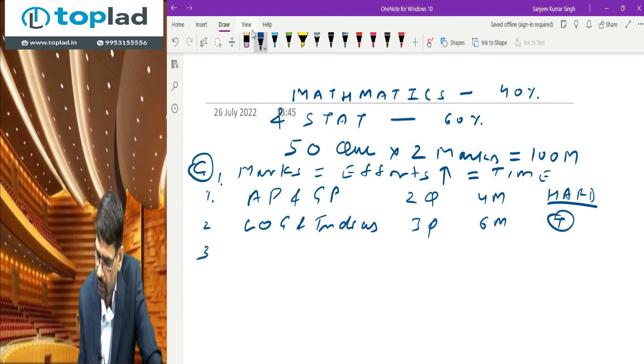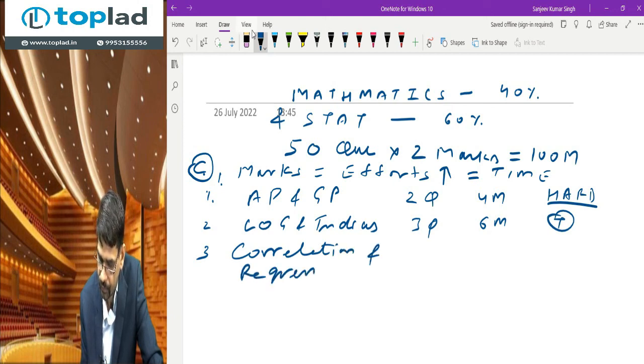And the third one is correlation and regression. Friends, this is the last chapter under C category, and our institute asked the second highest number of questions from this chapter.